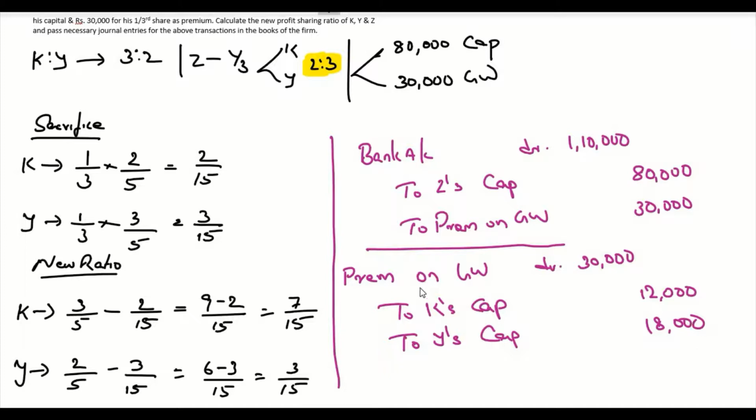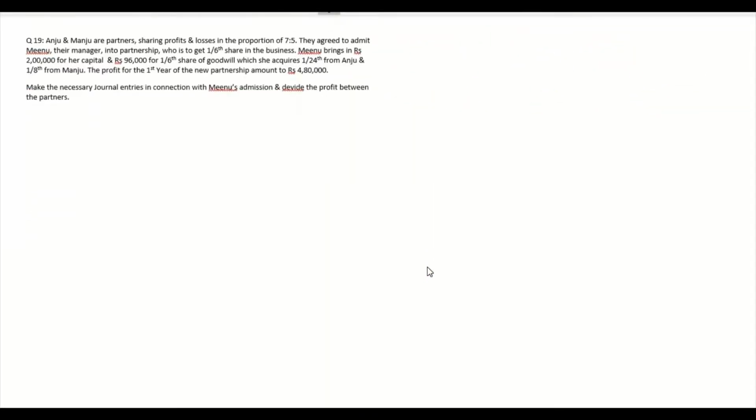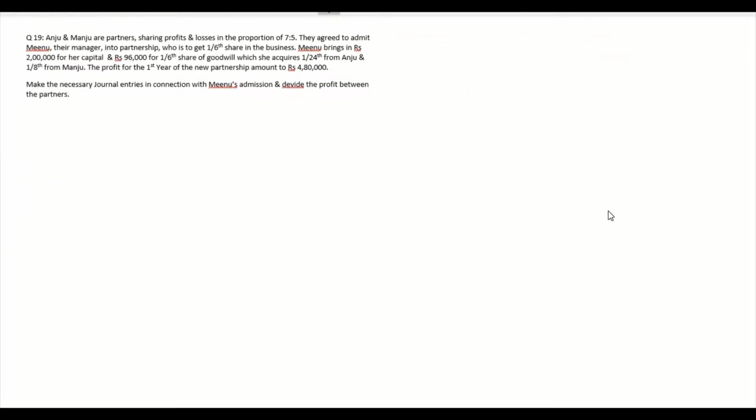Okay, now let's move on to question number 19. Anju and Manju are partners, sharing profit and losses in the proportion 7:5. They agree to admit Meenu, their manager, into partnership, who is to get 1/6 share in the business.